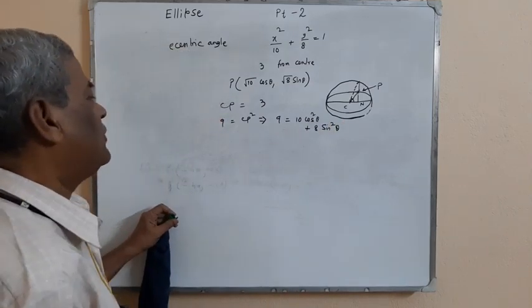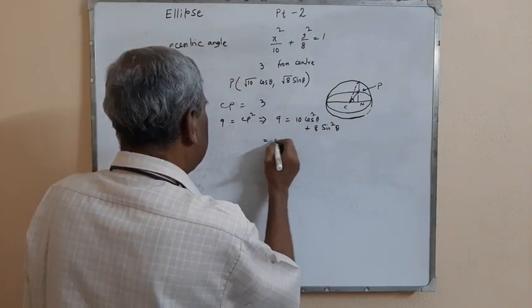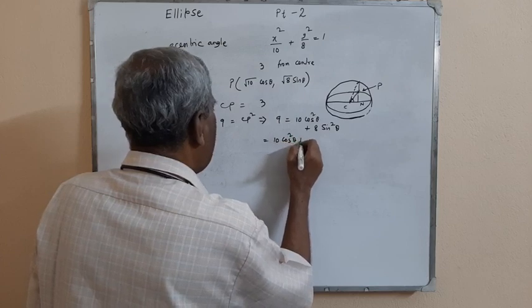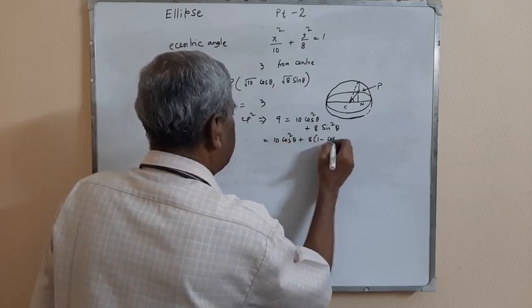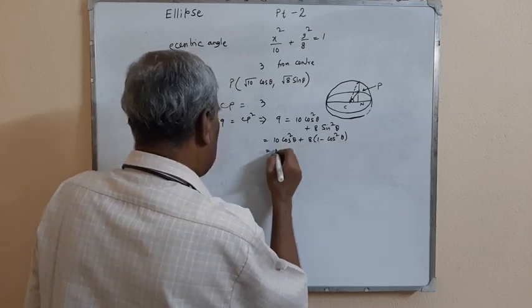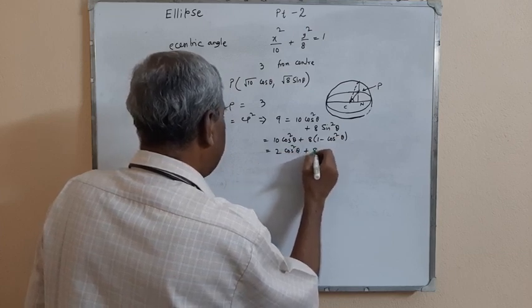Then we have to solve for theta. It is equal to 10 cos square theta plus 8 into 1 minus cos square theta. That is 2 cos square theta plus 8.